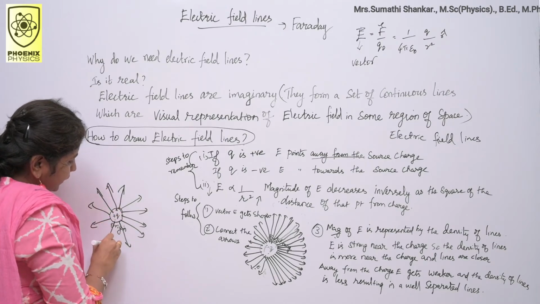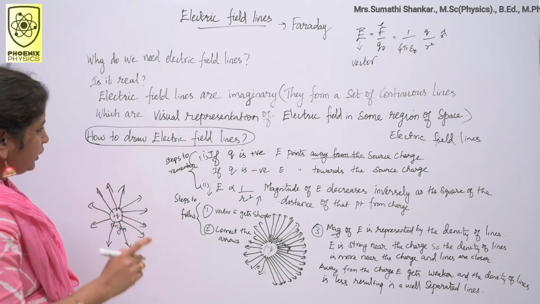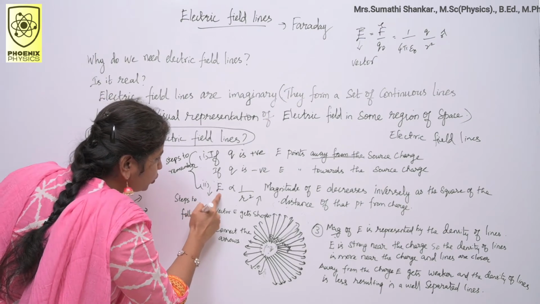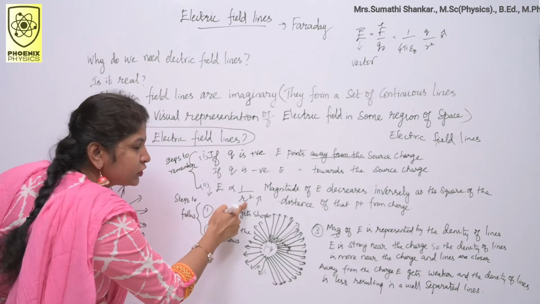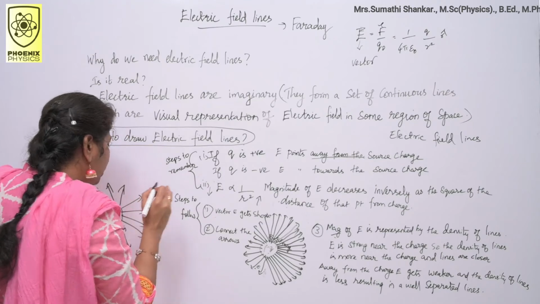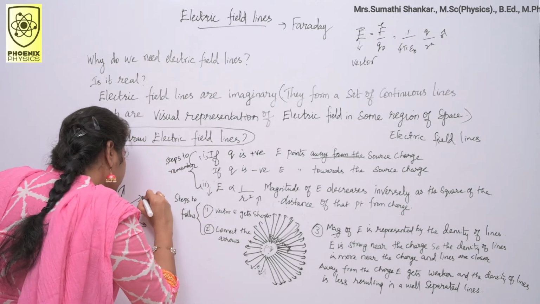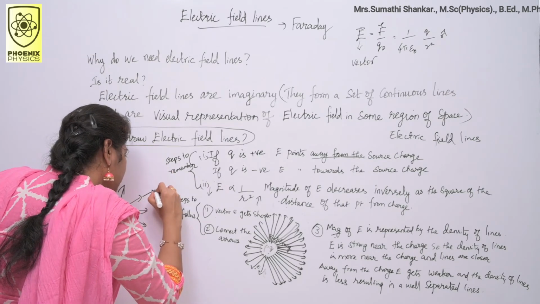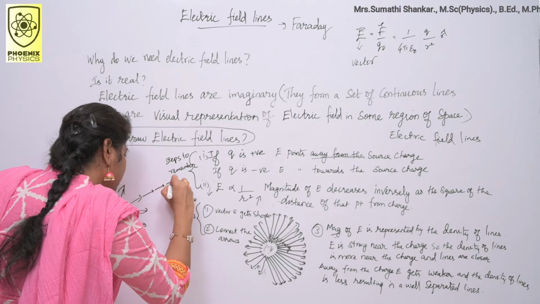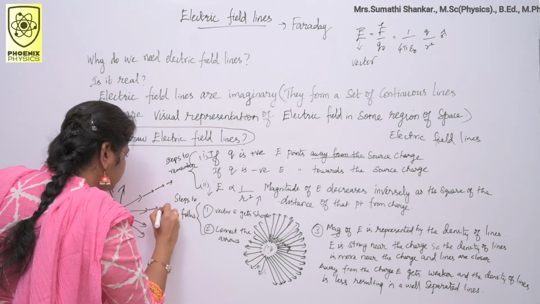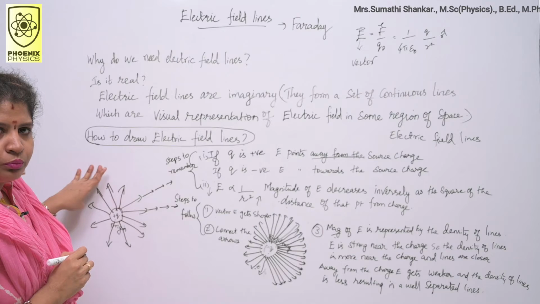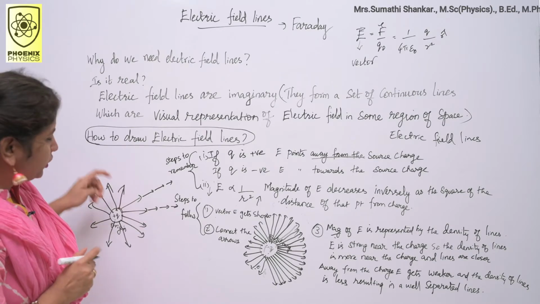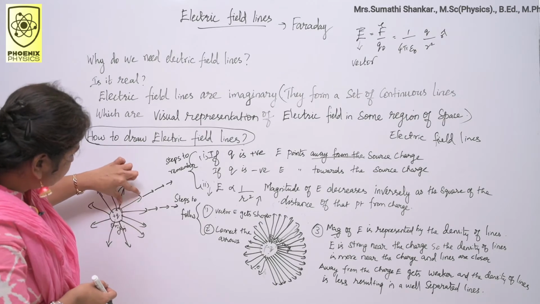These are all electric field directions. Next one, according to rule number 2, E is inversely proportional to the square of the distance. So, you have to draw the next vector like this, like this, like this. From this diagram, the first point is the vector.